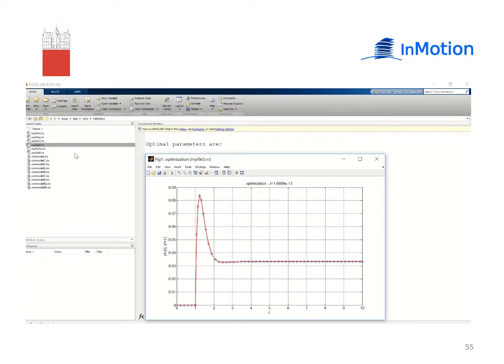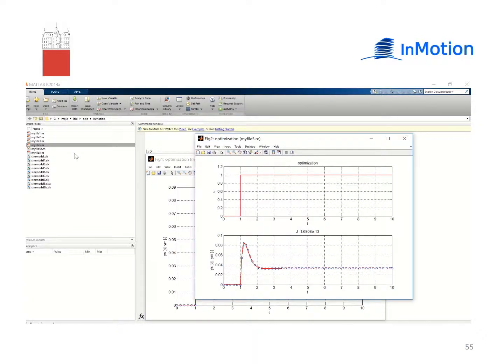Here we have the final result, and here also the input signal is presented in addition to both system responses. It is important to mention that in this case the optimized structure was correctly estimated and initial parameters were suitably chosen.